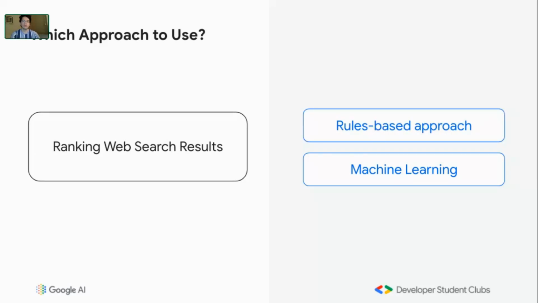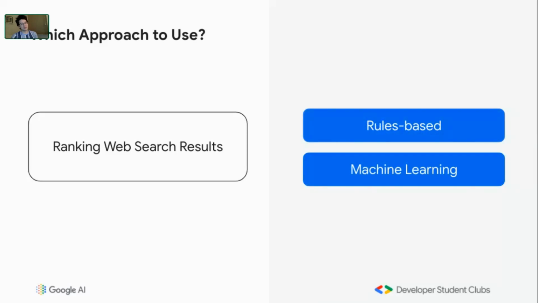Ranking web search results. What are we feeling? Like when you search something on Google, how does it rank the most applicable website or most applicable answer to what you're searching for? I see some R, some ML, some ML. Okay, well, I did trick you guys a little bit.